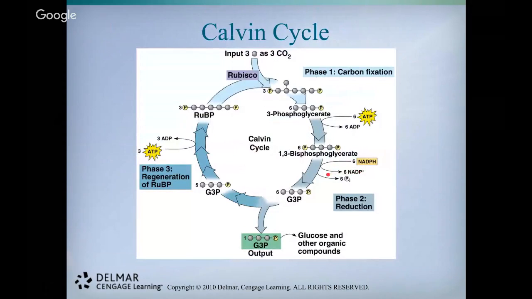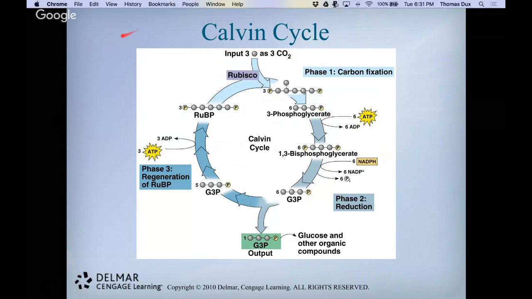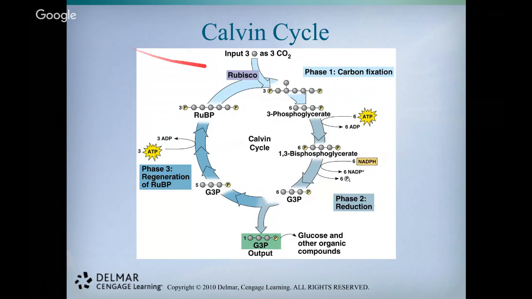A hydrogen ion comes in here, and a phosphate group is dropped. These ADP and NADP plus and this phosphate all go back to the electron transport chain, and this is a continuous cycle, where these are recycled.